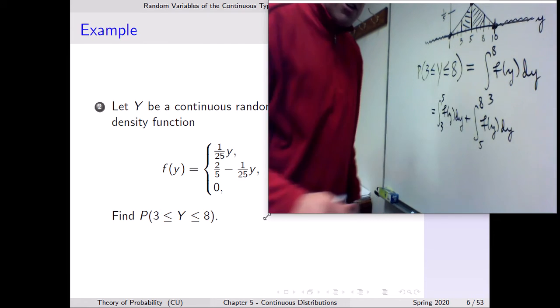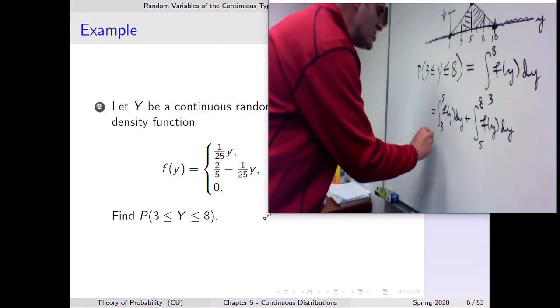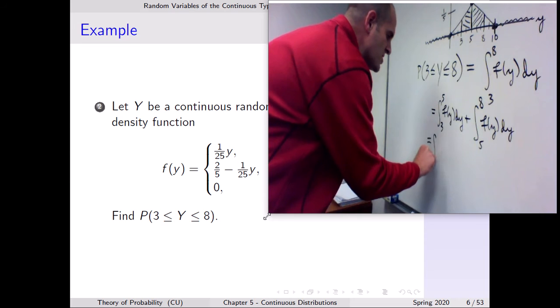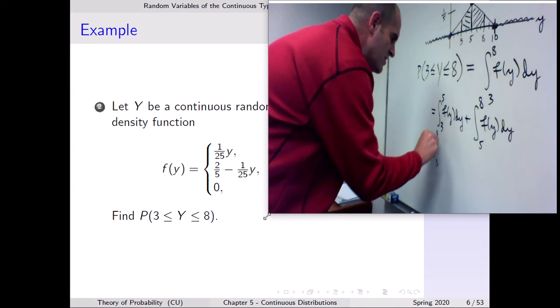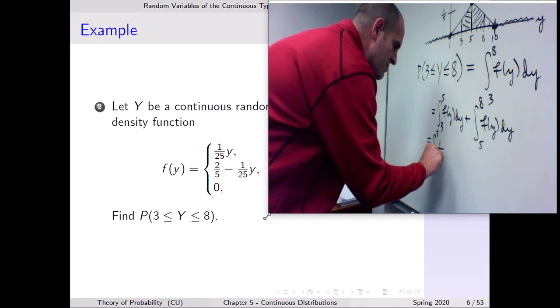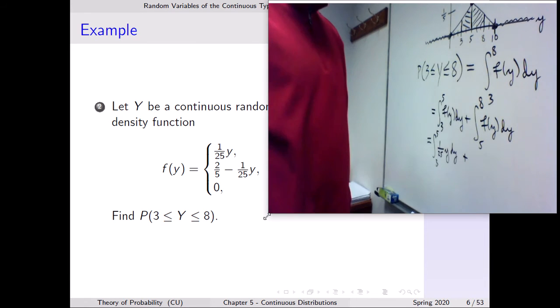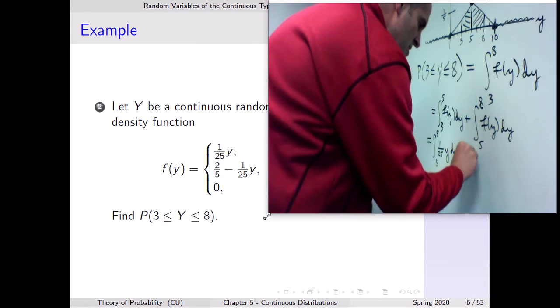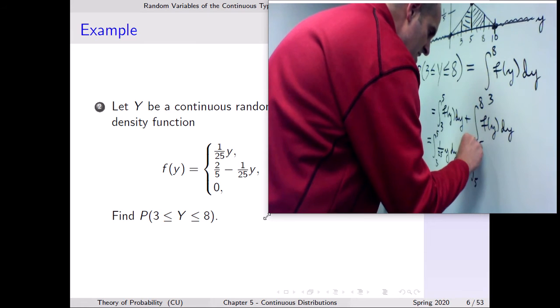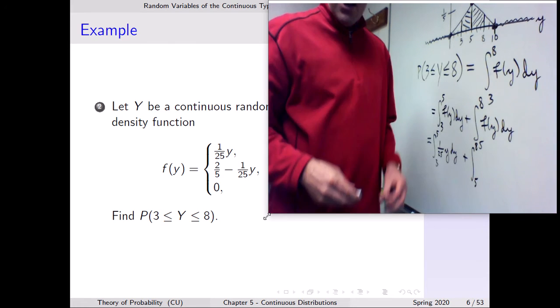All right, so let's see here. From 3 to 5, it's equal to 1/25 y. So this is the integral from 3 to 5 of 1/25 y dy plus the integral from 5 to 8 of, okay, so what is it there?